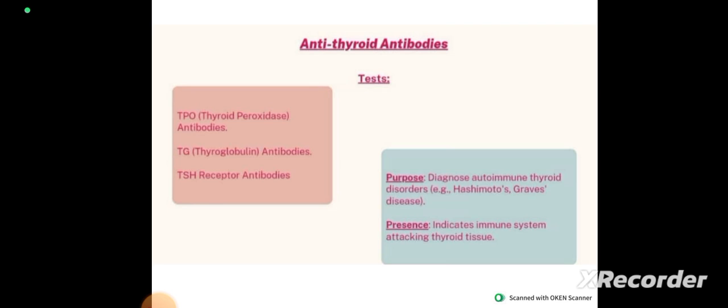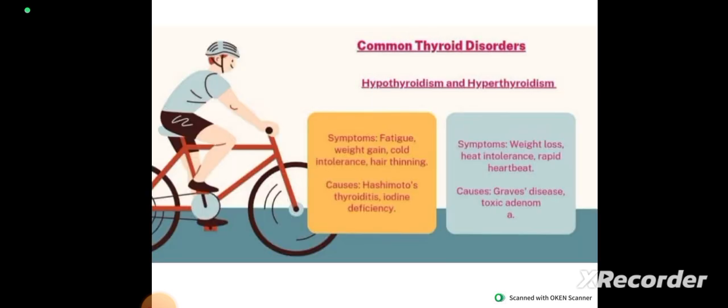Okay, next we have other common thyroid disorders, which are hypothyroidism and hyperthyroidism. Hypothyroidism is written in the yellow box and hyperthyroidism in the bluish color box.